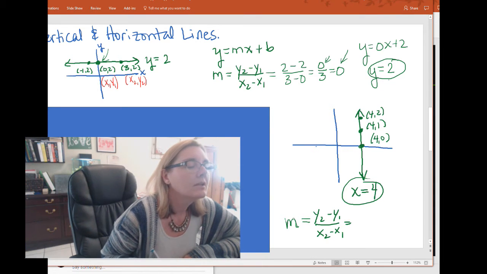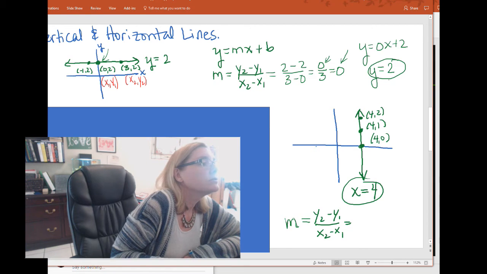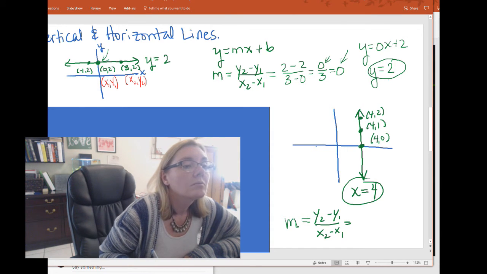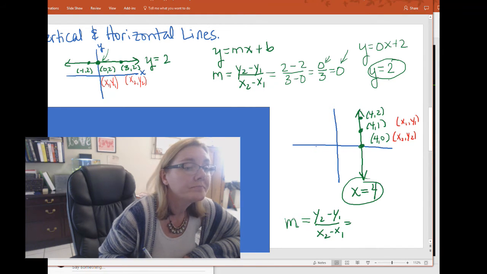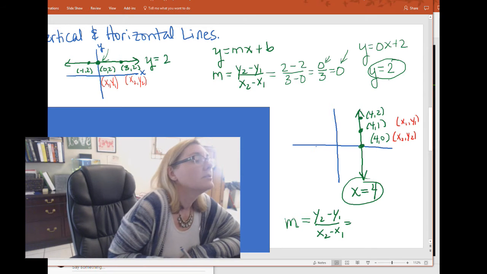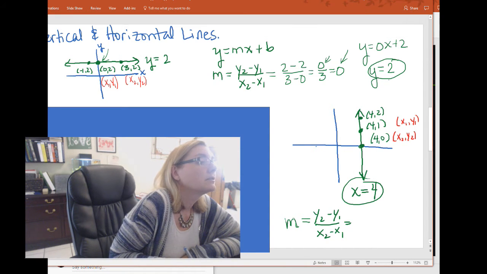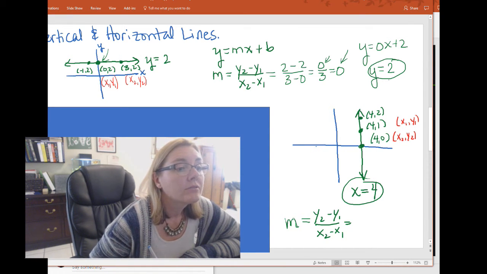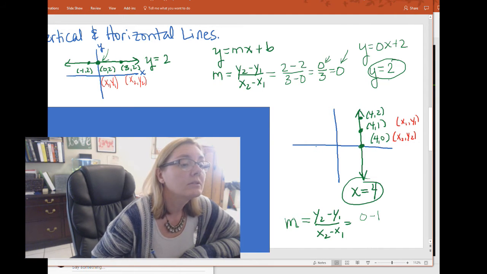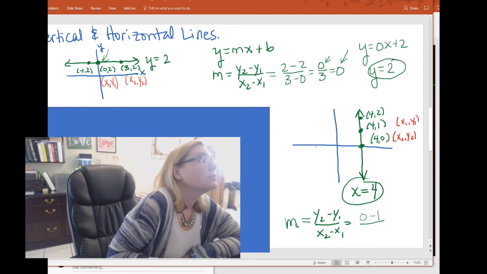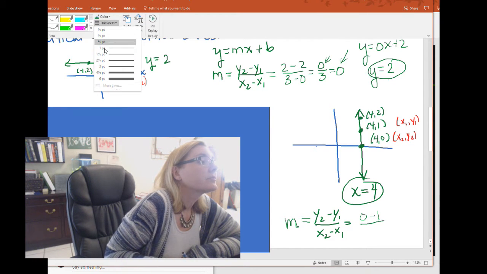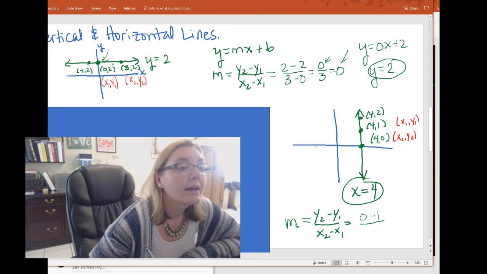If I use any two of those pairs of coordinates, so maybe this is my x1, y1, and this is my x2, y2, then plugging in, we would have 0 minus 1 for my y2 minus y1 over 4 minus 4.